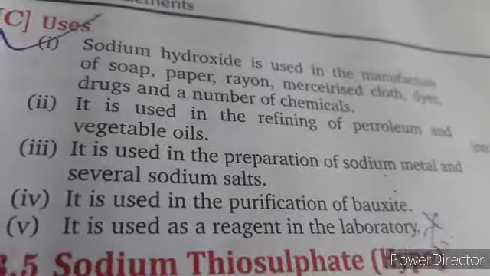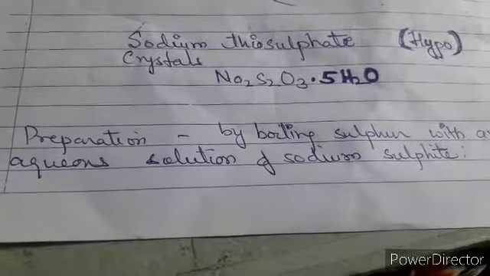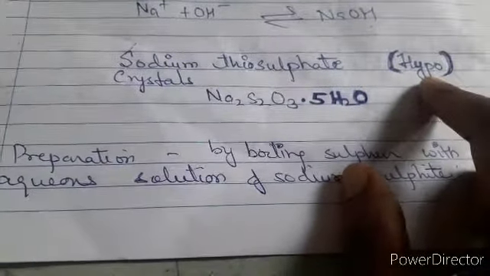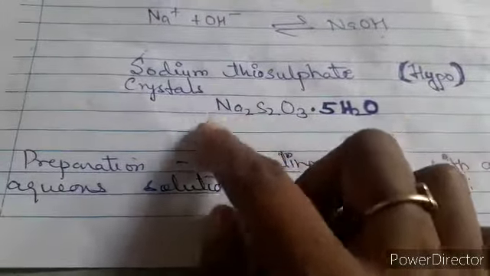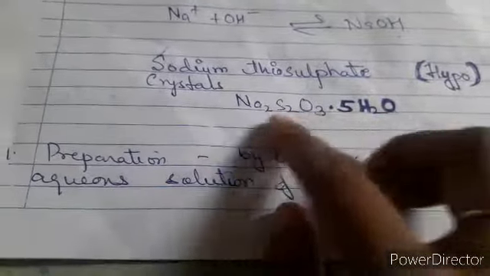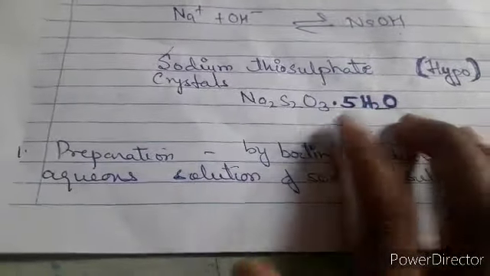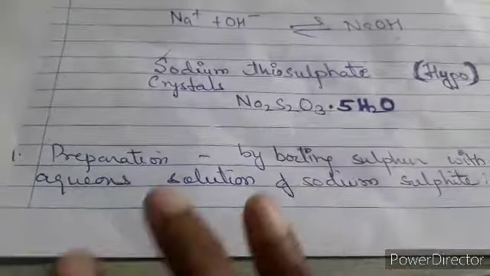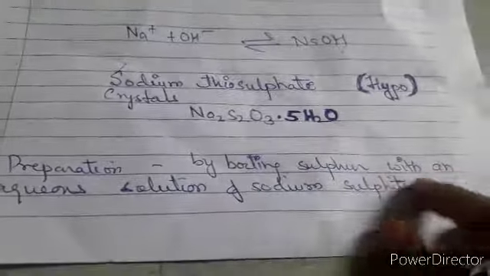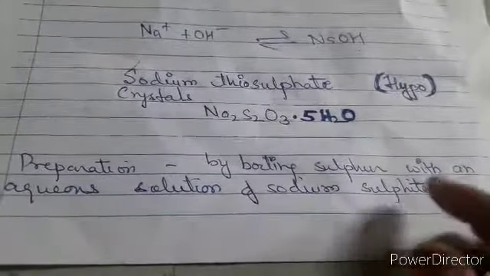First group, the last topic is sodium thiosulfate, which is also known as hypo. Sodium thiosulfate crystals have the formula Na2S2O3.5H2O. It shows water of crystallization by having 5 water molecules. Only one preparation is in our course: by boiling sulfur with an aqueous solution of sodium sulfite.